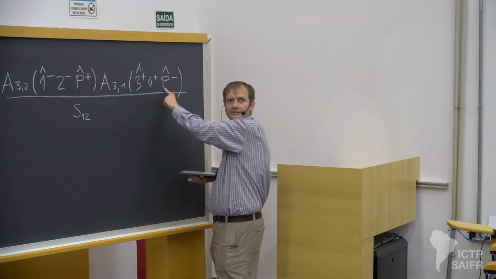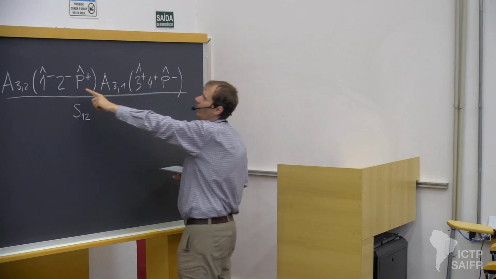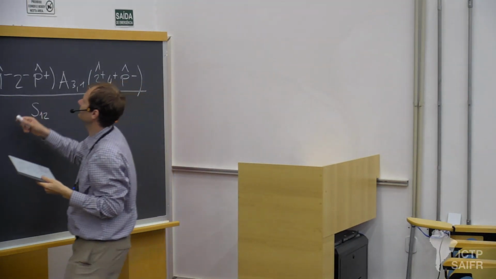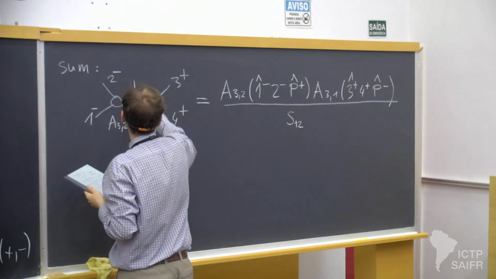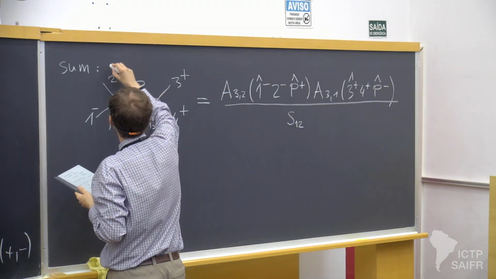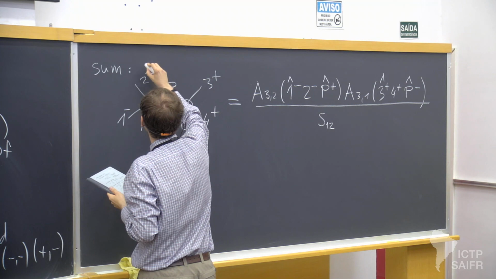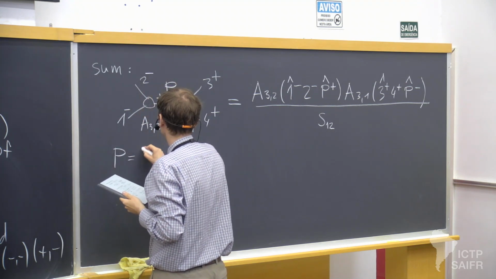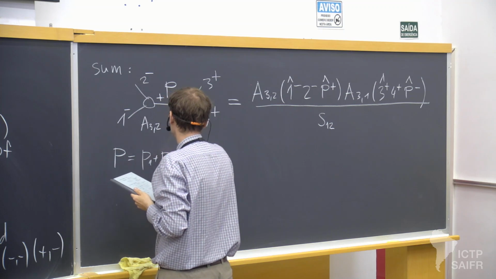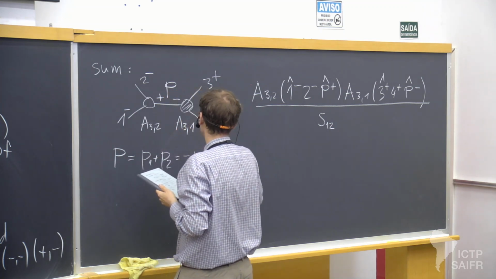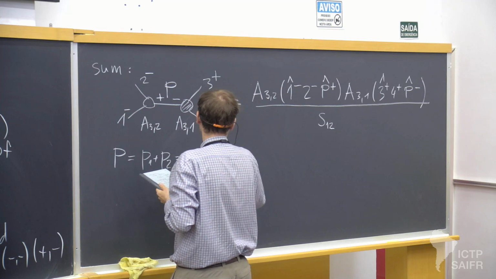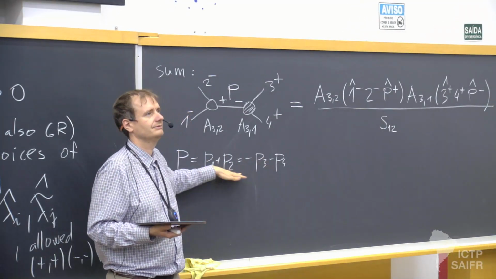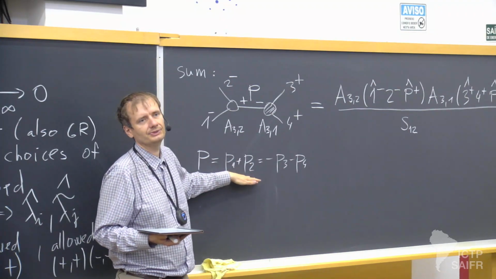And we can do it, but there is always a trick to use momentum conservation, because on this side of the channel the P is always P1 plus P2, and this is equal to minus P3 minus P4. So we can always use a trick to get rid of that using momentum conservation.